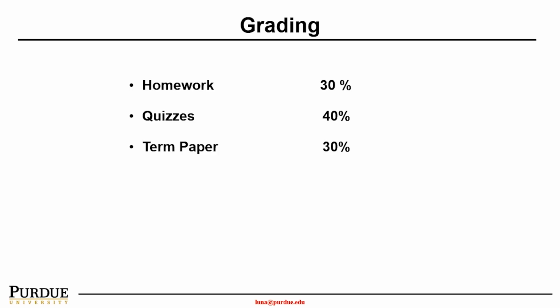And the last one is a term paper to be submitted by each student at the end of the semester, at the end of the 5 weeks. That will count about 30%. The detailed expectations and requirements for the term paper will be discussed at the end of this class.